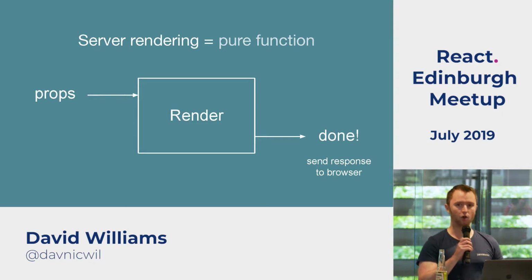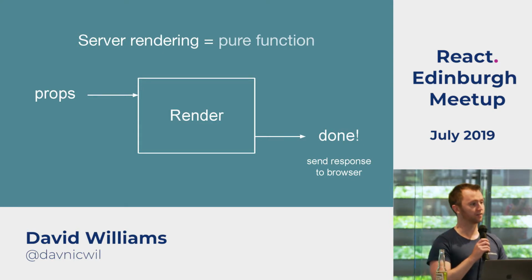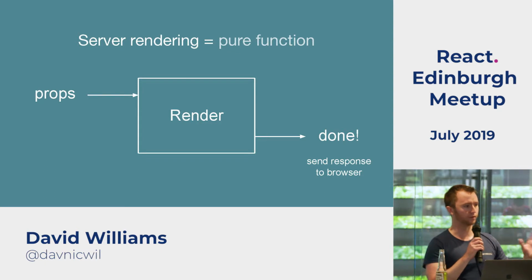So here, there's no mechanism, there's no opportunity to do any asynchronous data loading as part of this props in, markup out flow. Because as I said at the start, in React itself, there is no concept of asynchronous. The render pipeline is completely synchronous. So there's no opportunity to hook in and wait for anything to load once this render function begins.